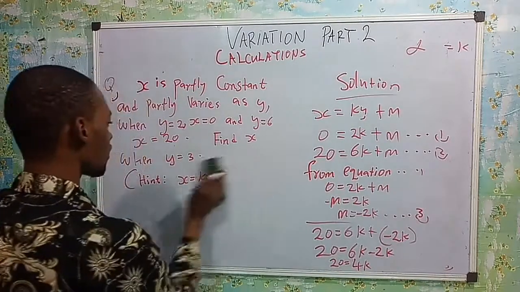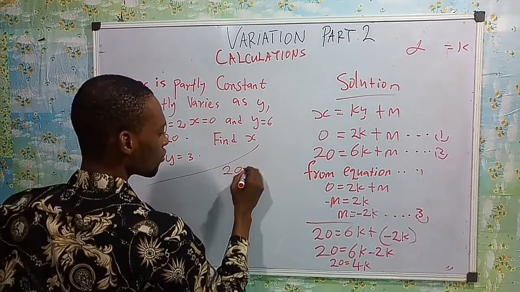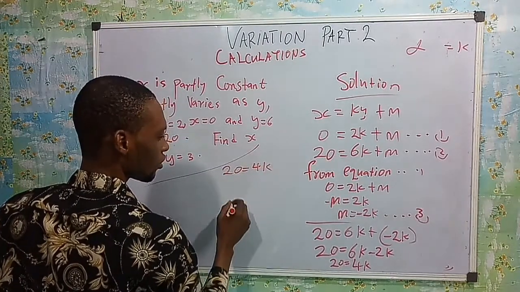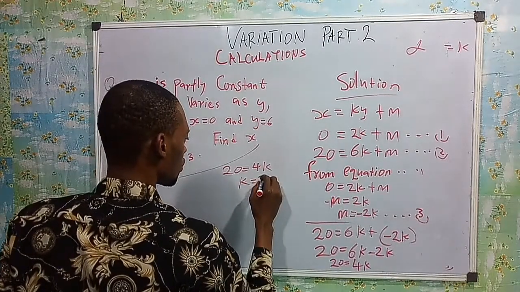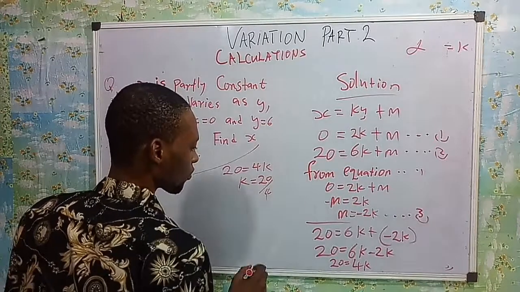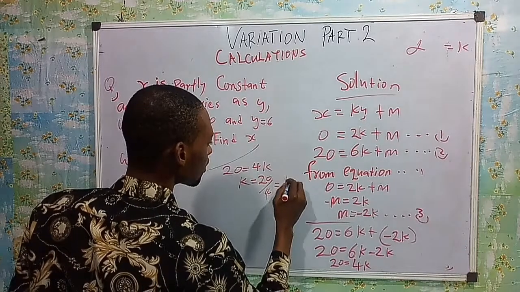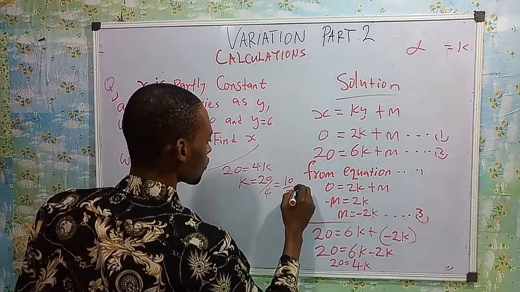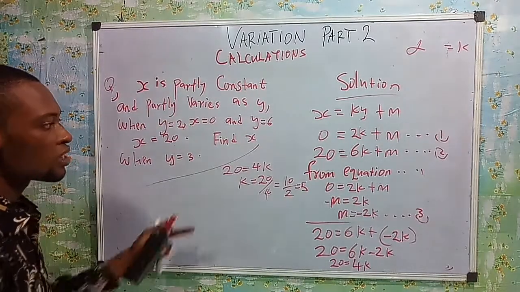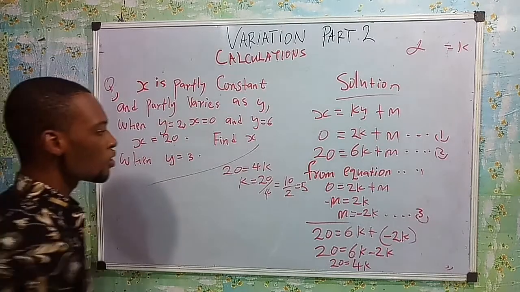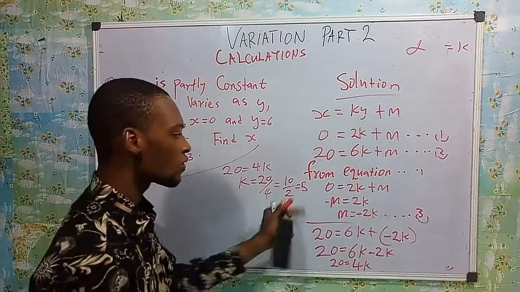So let's continue here. 20 equals 4k. So k equals 20 over 4, which is 5. 2 into 20 is 10, 2 into 4 is 2. So k is 5. So we've gotten the value of k. Let's substitute the value of k into equation 3, since k equals 5.